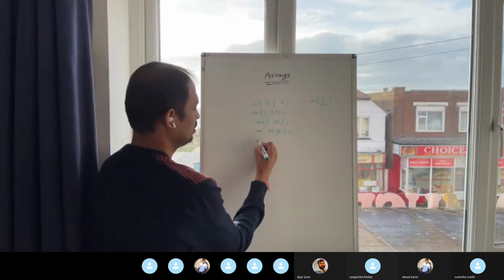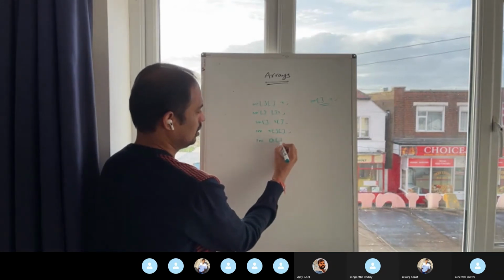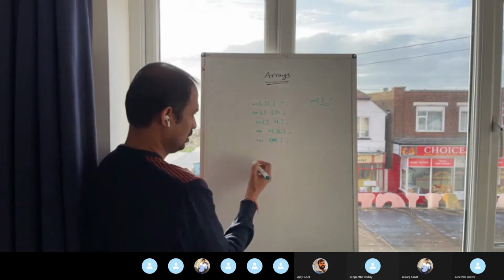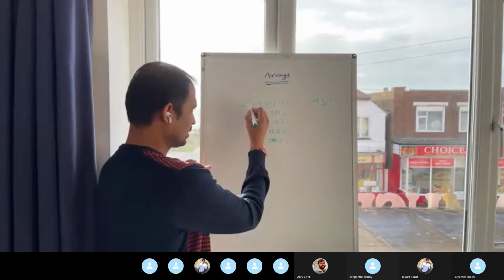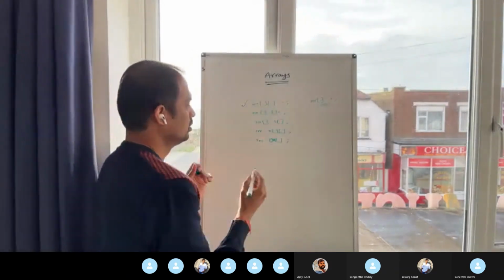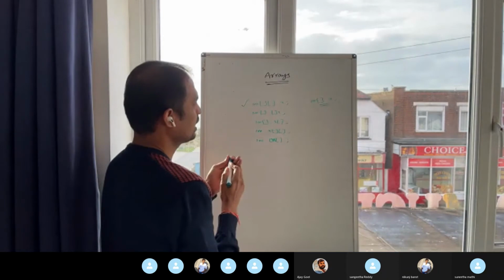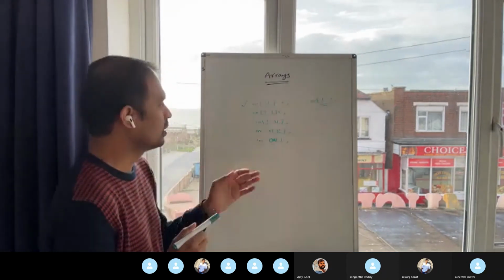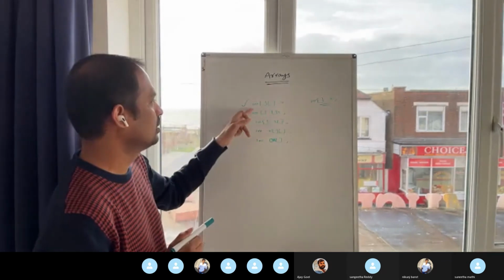We can declare any type like this, but the best way is to declare like this. This is the declaration of a two-dimensional array. If I want to declare a two-dimensional array, I need to use it like this.